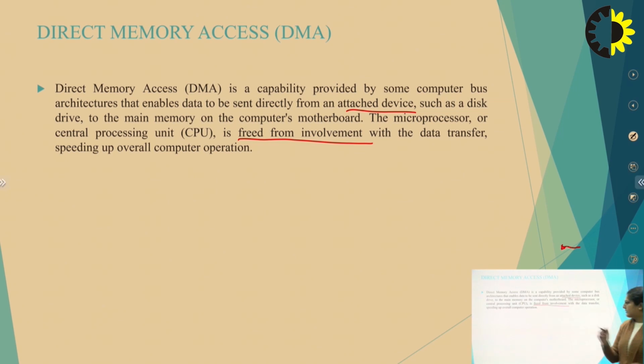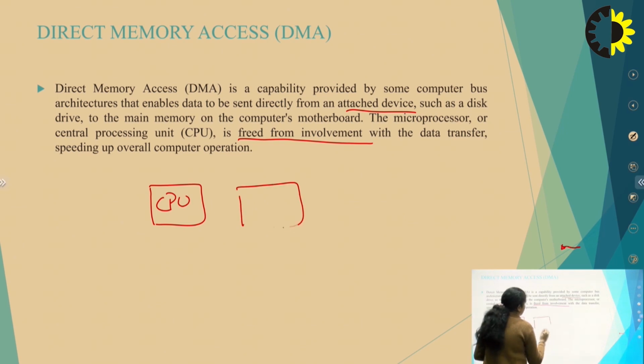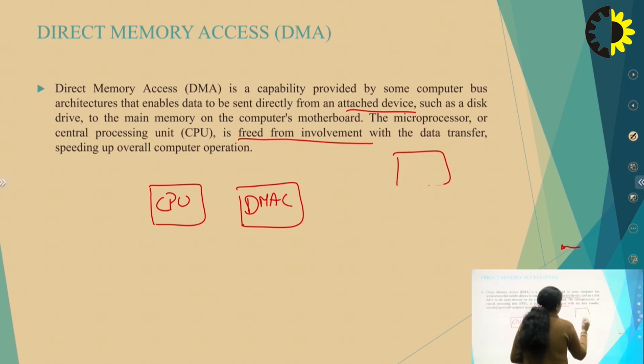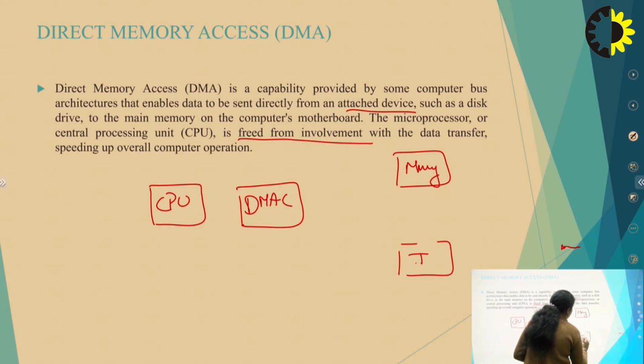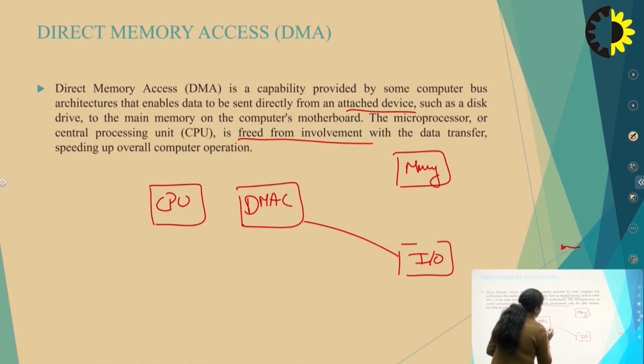So how does it work? Suppose there is a CPU, there is a DMA controller, there is memory, and there is an input output device. Firstly, the input output device will ask the DMA controller: I want to talk to the memory directly.